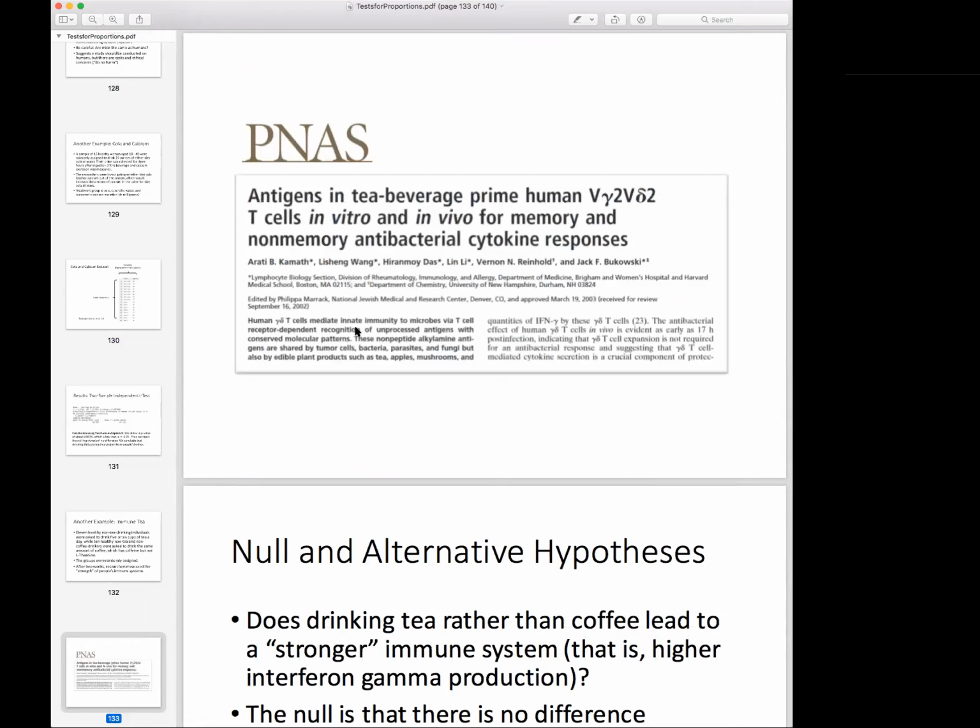This is looking at the gamma delta T cells within humans, which are responsible for immune response. They're looking at whether drinking tea will have an effect on the immune system. This is a study performed at Brigham and Women's Hospital in Boston.